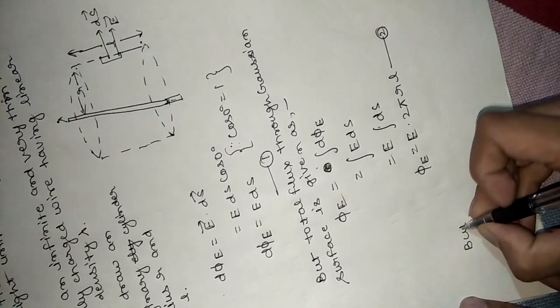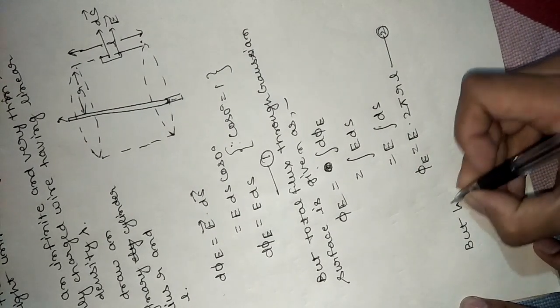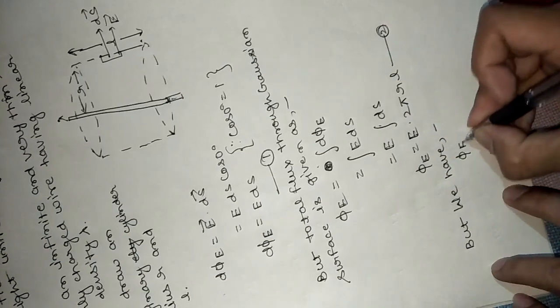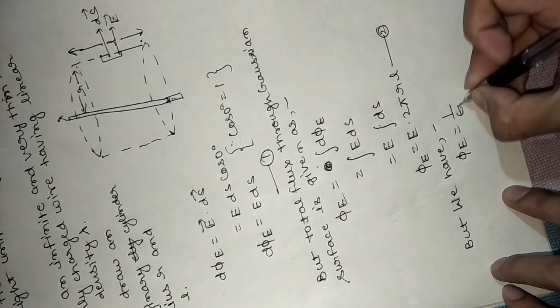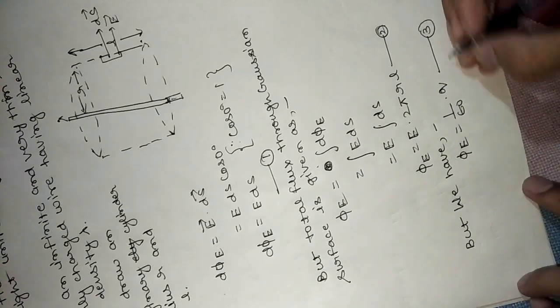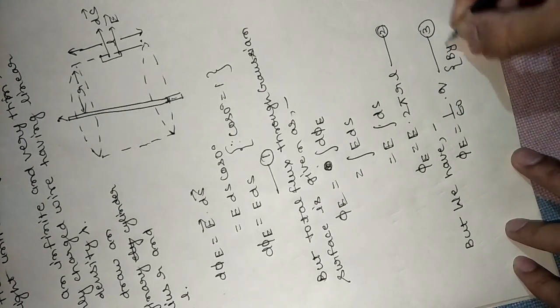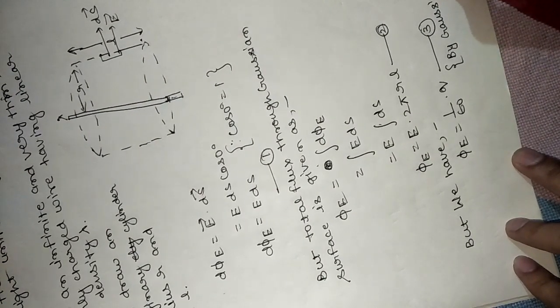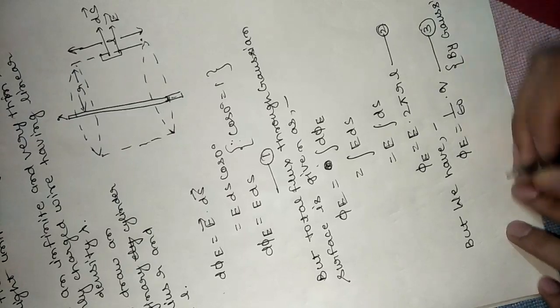But we also have phi E equal to 1 upon epsilon naught times the total charge Q, by Gauss theorem. This is equation number 3.